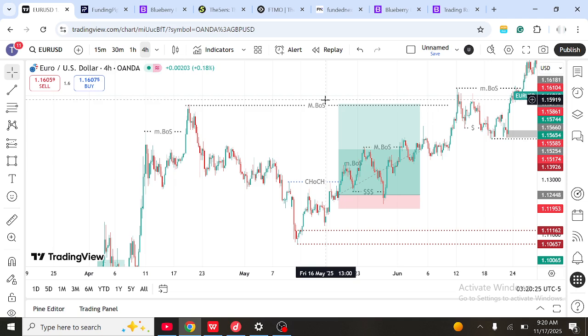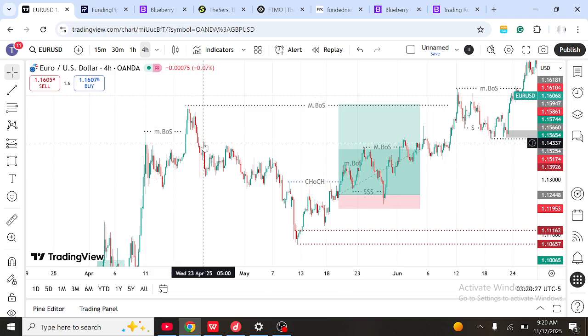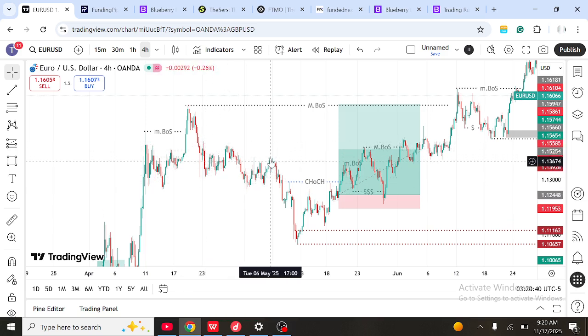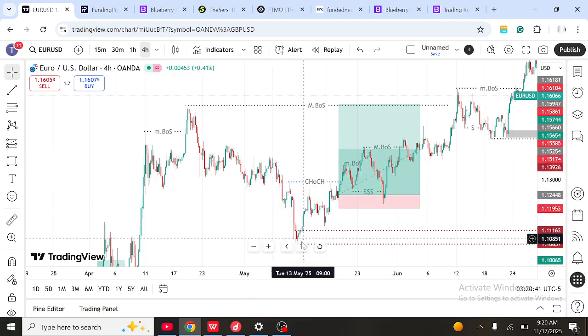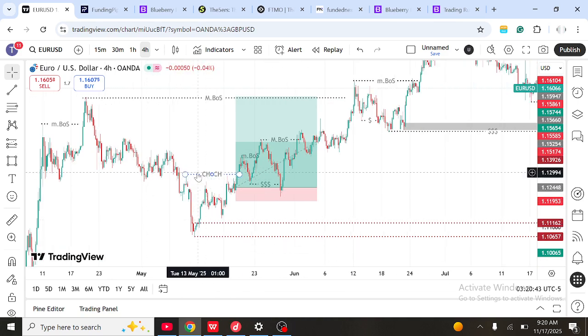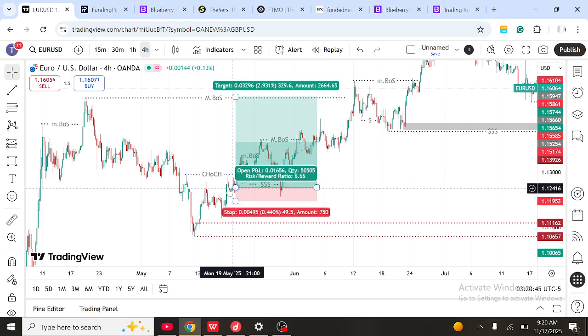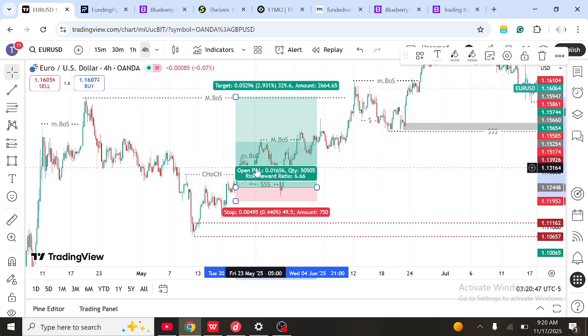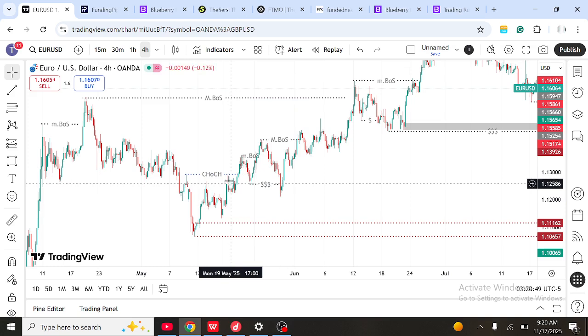Because of that, I will begin to pay attention to the model that the market is using to push to the downside, which is, as you can see, high, low, high, low, high, low, high, low. And when this high was taken out, this is our last order flow here. Can you see when this high was taken out? This is our last order flow, and that was where the entry started from.